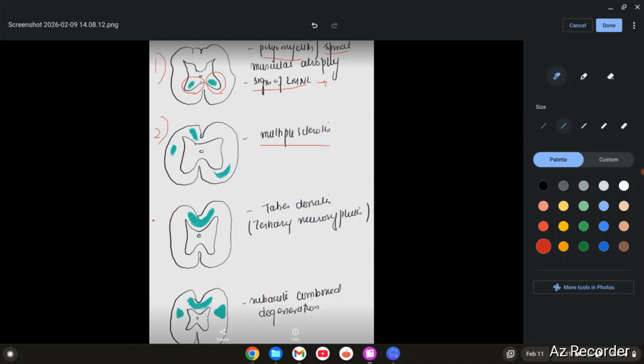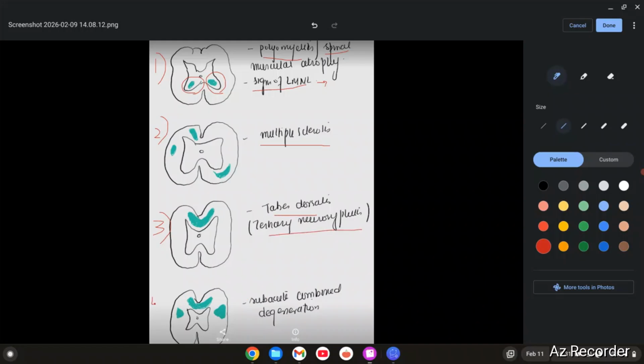If you have the involvement of your dorsal column medial lemniscus system, the system that was containing the sensory information about vibration and proprioception, the patient will have decreased vibratory sense and proprioception, and this happens in tabes dorsalis, that's tertiary neurosyphilis.